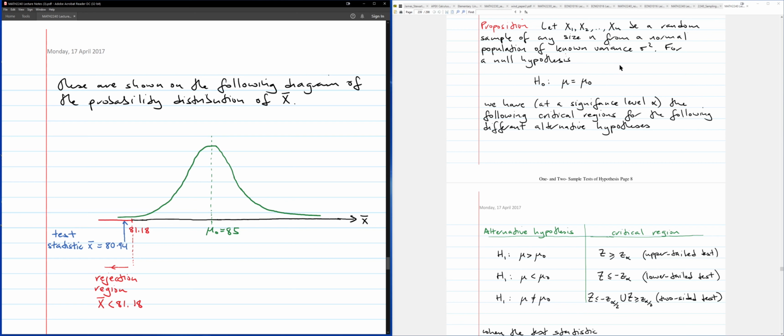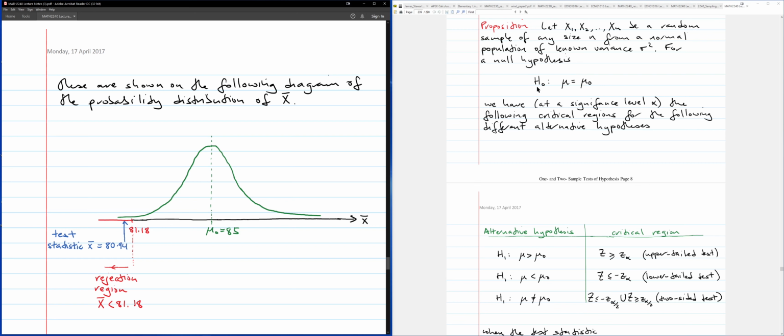So what I have is a random sample of size n from a normal population with known variance sigma squared, and I'm looking at population means. So my null hypothesis is of the form population mean mu is equal to mu zero, where mu zero is a constant.